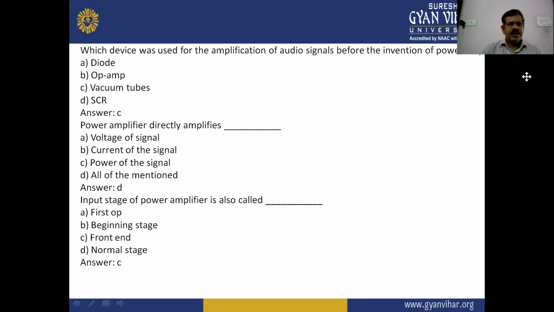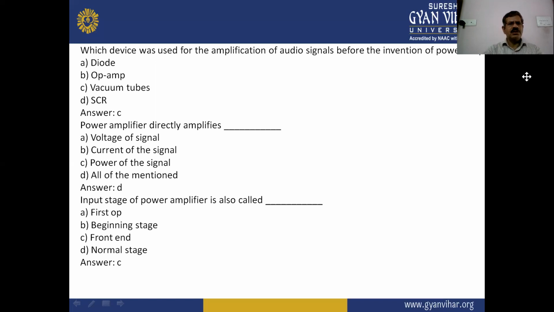Next question, power amplifiers directly amplify: option A, voltage of a signal, option B, current of the signal, option C, power of the signal, option D, all of the mentioned. Basically power amplifiers are of different types: class A, class B, class C, class AB.